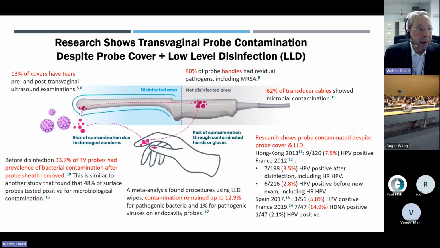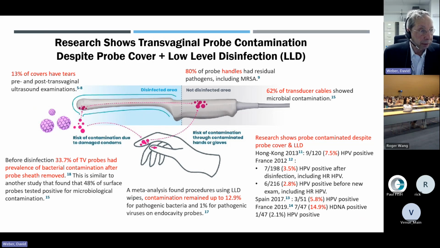Now, let's talk about the issues with probe covers and condoms. Many studies have shown failures of these. 13% of covers have tears even before you use them, post-transvaginal ultrasound examinations.